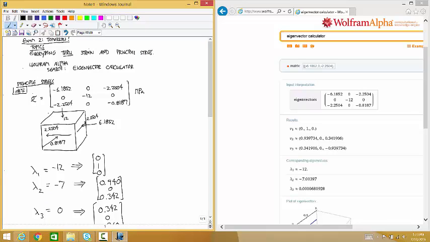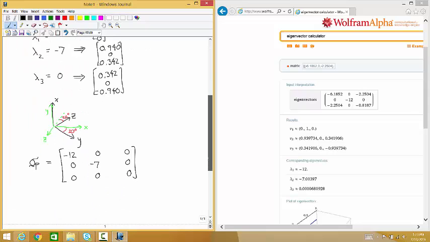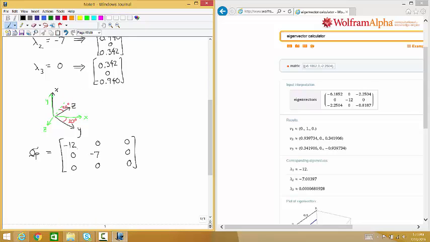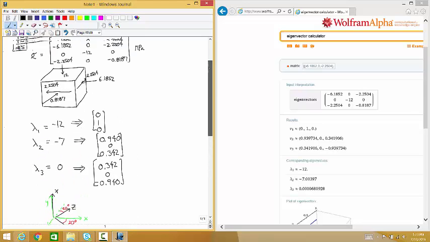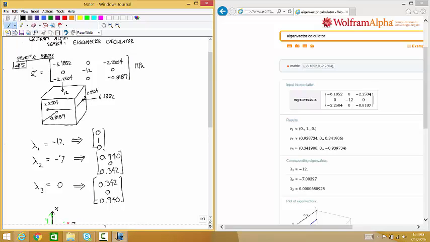I went backwards. What I did was I started with this matrix, and then I did a coordinate system transformation of that stress tensor of 20 degrees about the y-axis. And that gave me this jumbled up version of the stress tensor, and then that's what I gave as the question.